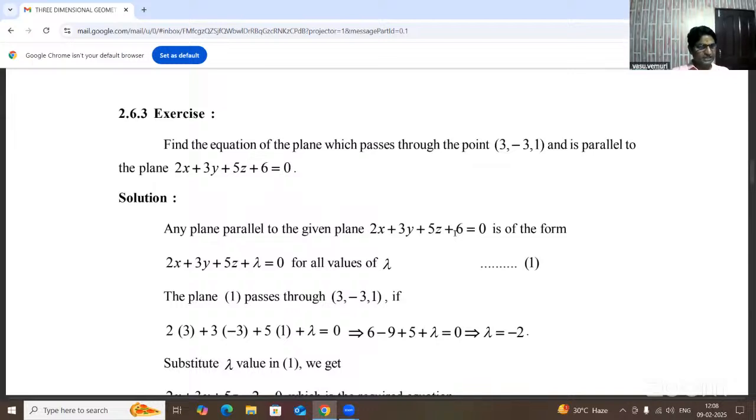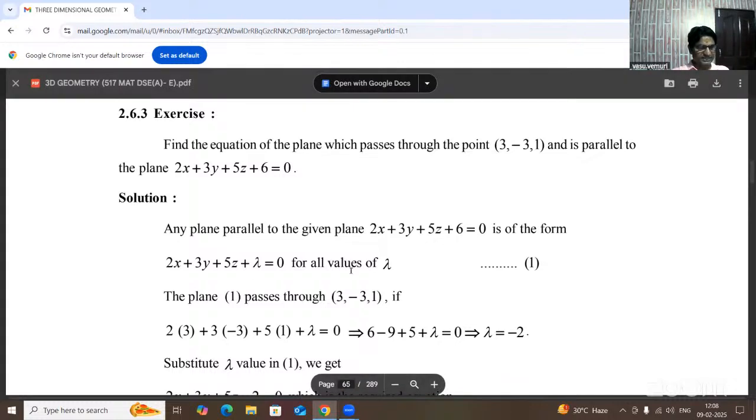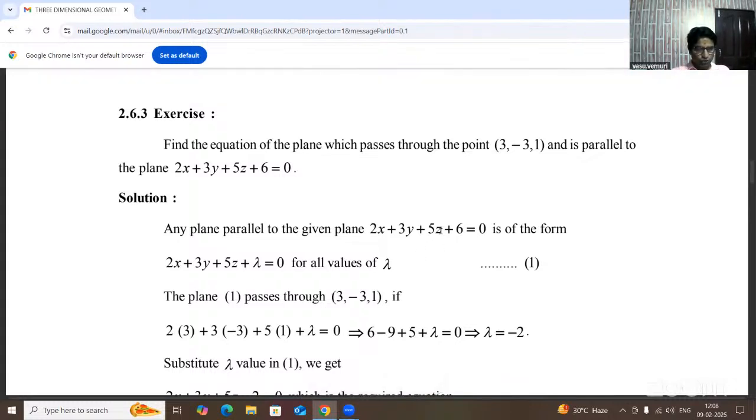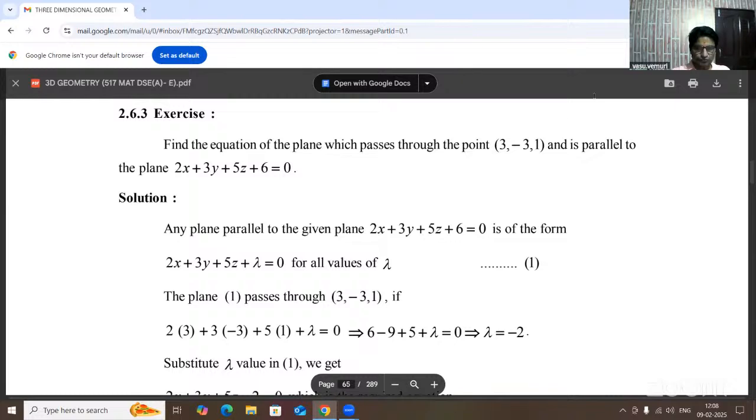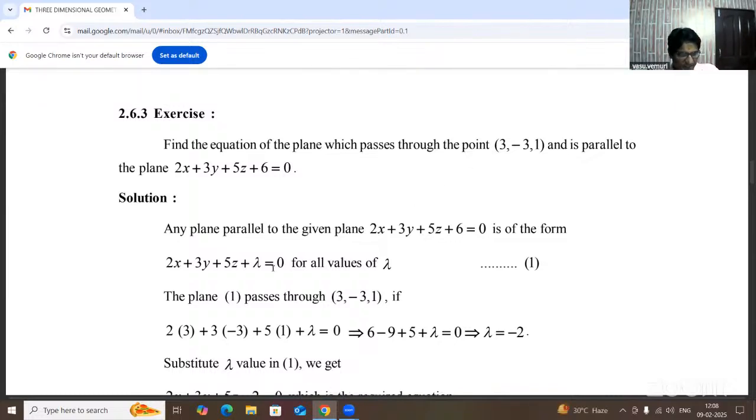You have to take an unknown value: 2x plus 3y plus 5z plus k equal to 0, that k or lambda, whatever it is. What is the parallel plane? 2x plus 3y plus 5z plus lambda equal to 0. This is parallel to the given plane.